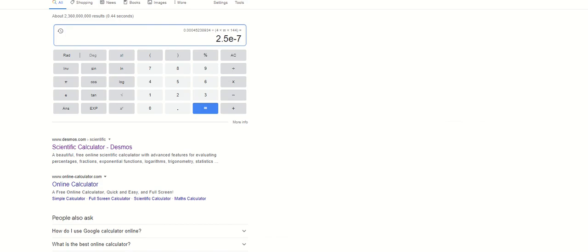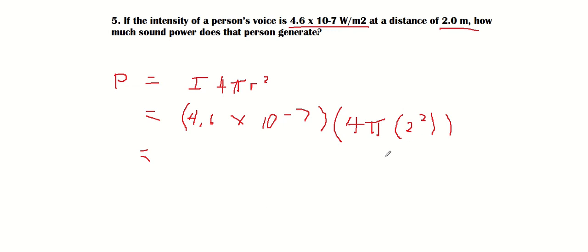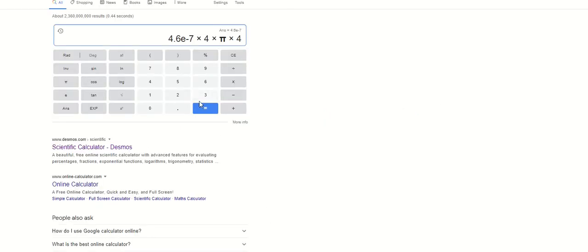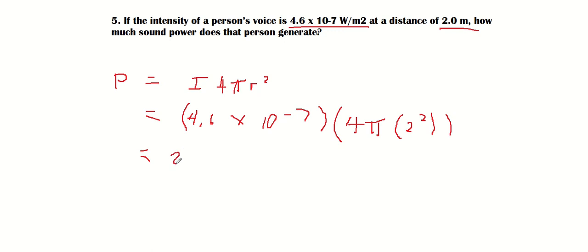So, 4.6 times 10 raised to negative 7 times 4 pi times 4 na. Kasi distance 2 raised sa 2 is 4. So, nakuha natin 2.31 times 10 raised to negative 5. Since power, unit natin is watts.